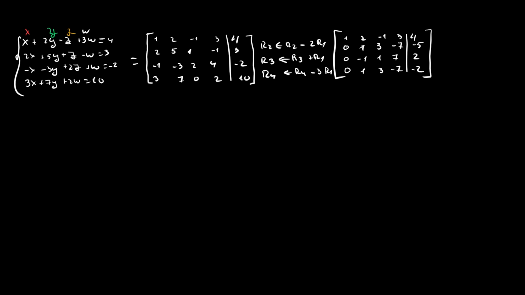When we look at row 2, we already can see that the pivot number is 1, which is perfect. So then we just have to get rid of these numbers.